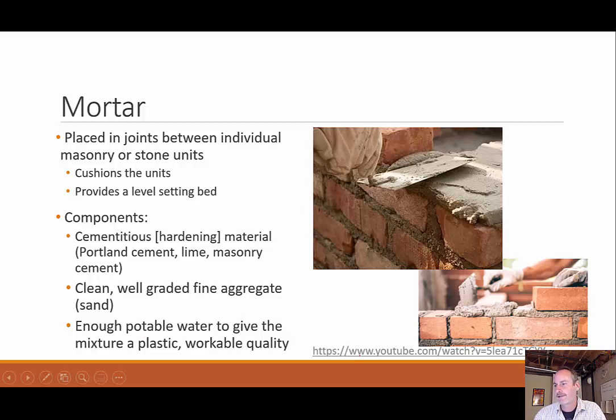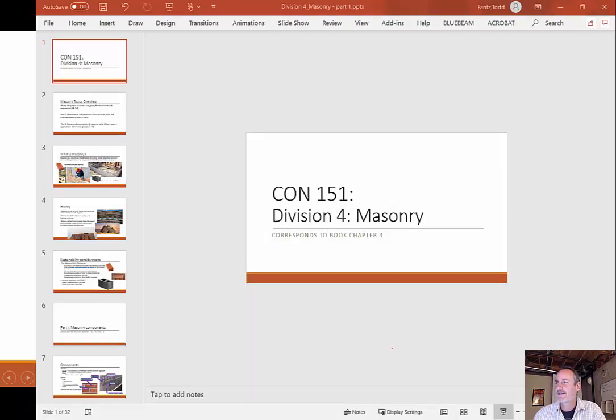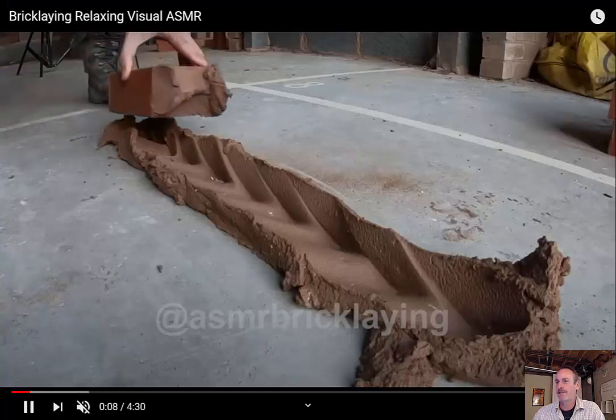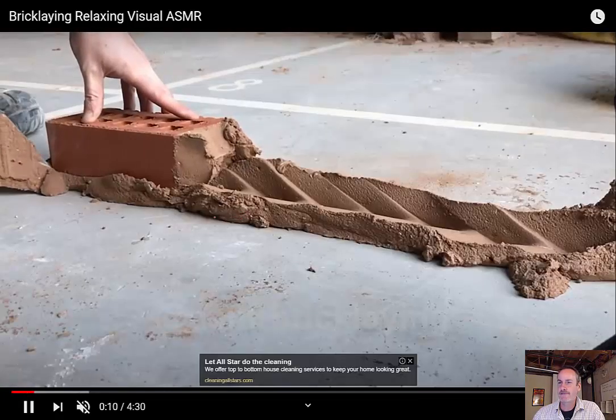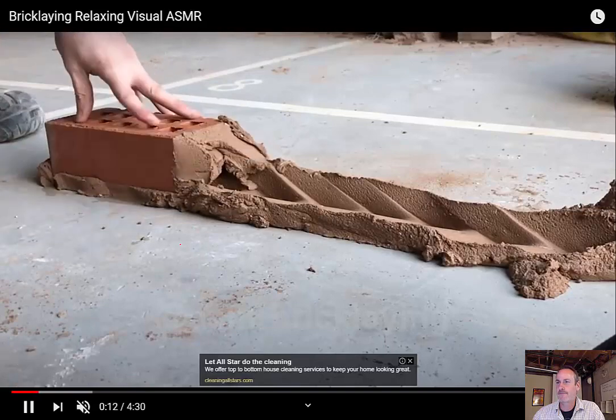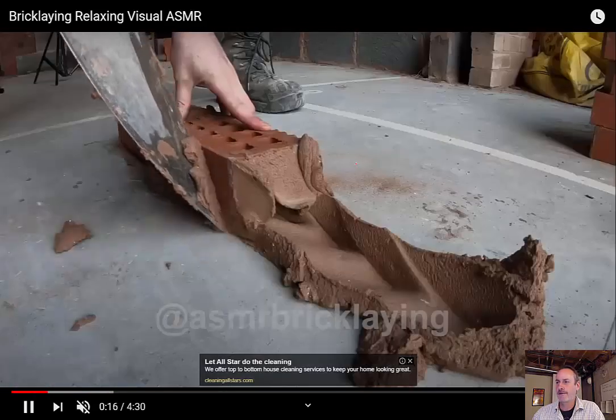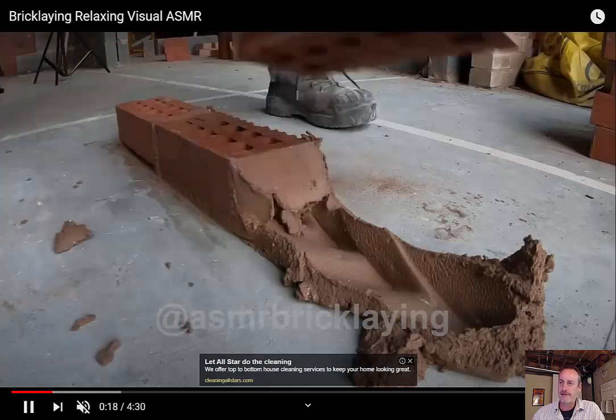So if you wanted to see what the consistency of a mortar might look like in the process, I pulled up this short video, see if this will load. So here you can see he's creating a bed to start off his first layer of brick, his first row of brick. And this is called buttering, when he's putting the little extra material on the edge of the brick.